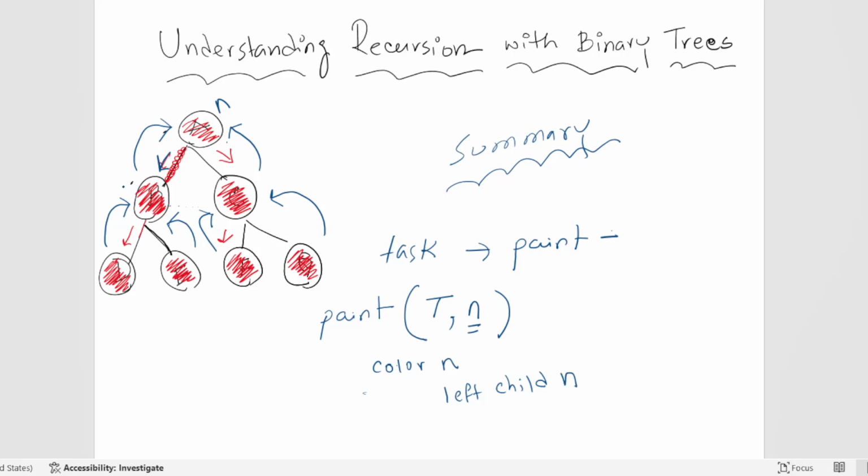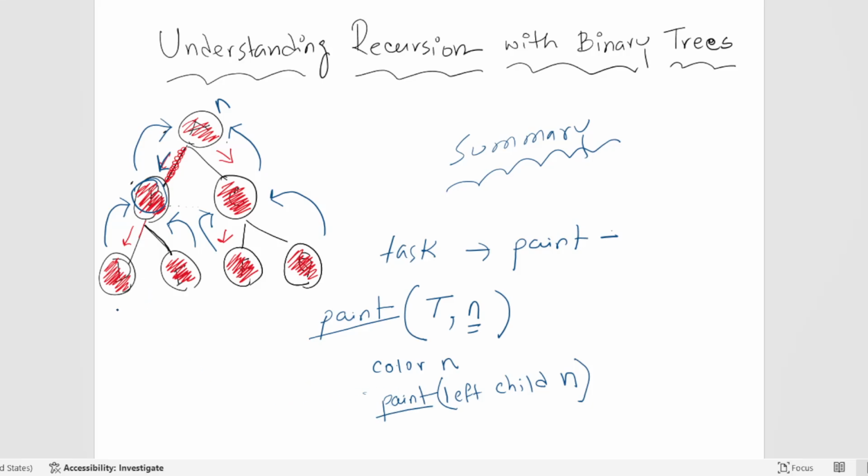And once we moved to this node over here, we did the exact same thing. That is paint. So the exact same thing means give it a color and move to the left.